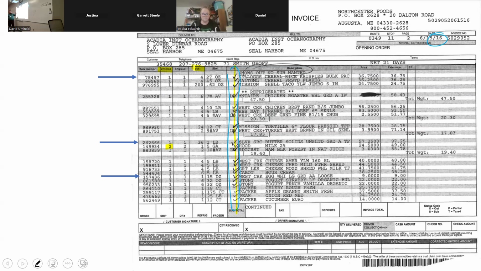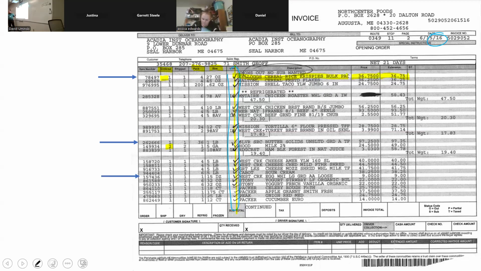Okay. The size is the size of each individual package. And then the description, the price, and the extension, which is basically the price times how many is ordered. And that's how I read my invoice.